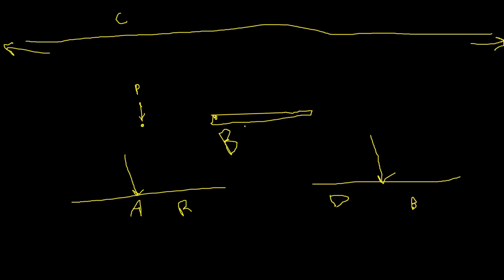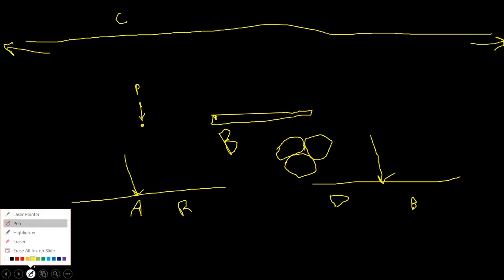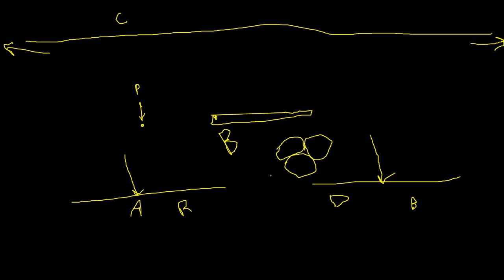And in a body, if this is a molecule and this is another molecule, now if you attach a third molecule here, see, somehow space is left. But what happens in a continuum?